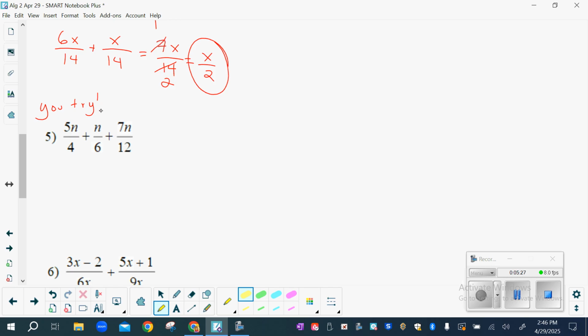Plus 2 plus 6. What are these? 24. And then that equals 2n.